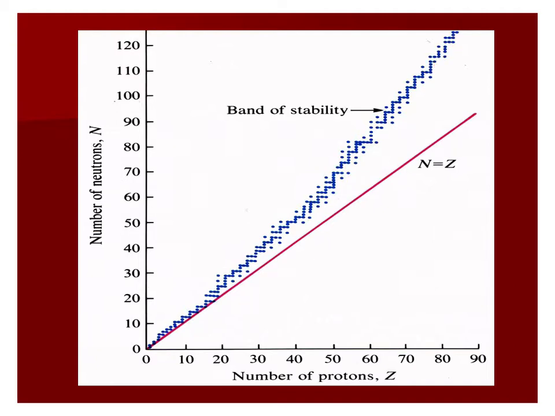In other words, there are more neutrons than protons in elements that are greater than calcium. As you get up to the gold area, which is at 79, let's draw a rough line here.